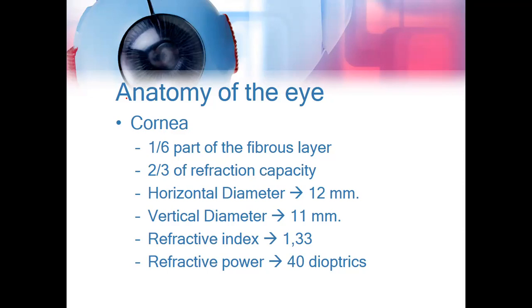So it has a great power of refraction, and as we're going to see later on, it is the most important part of the diseases related to refraction. The cornea has a refraction index of 1.33, and this represents a refractive power of around 40 dioptrics. In Spanish, dioptrías, right?